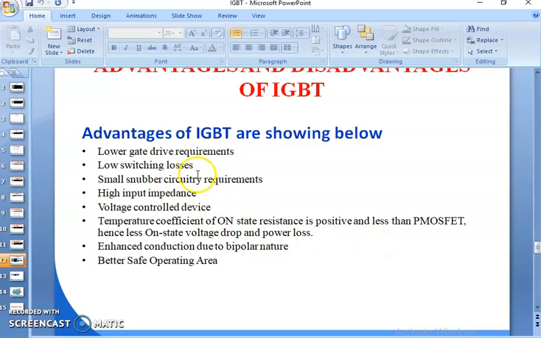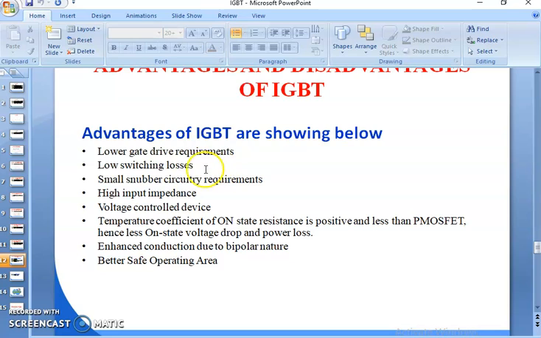Then what are the advantages of IGBT? The IGBT has several advantages over other power transistors. We will discuss them one by one. First advantage is lower gate drive requirements. Means the gate circuit of IGBT requires a lesser number of driving circuits and driving components.